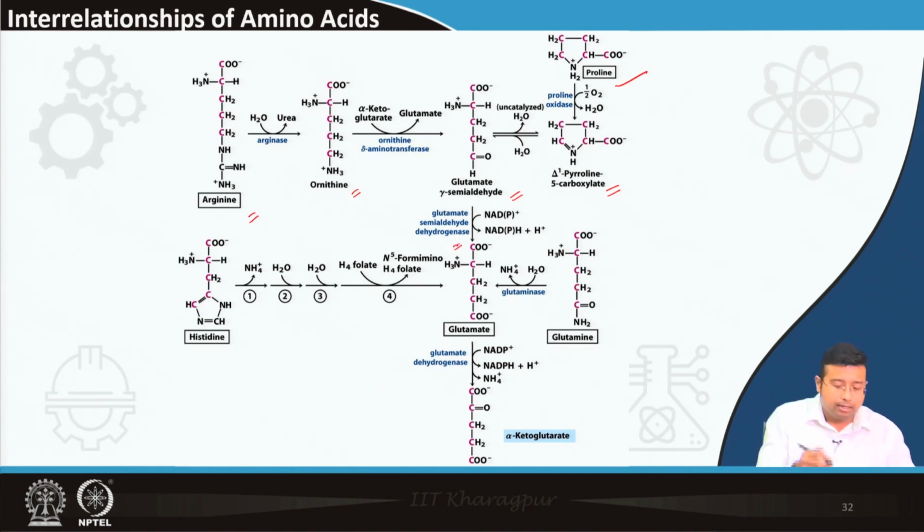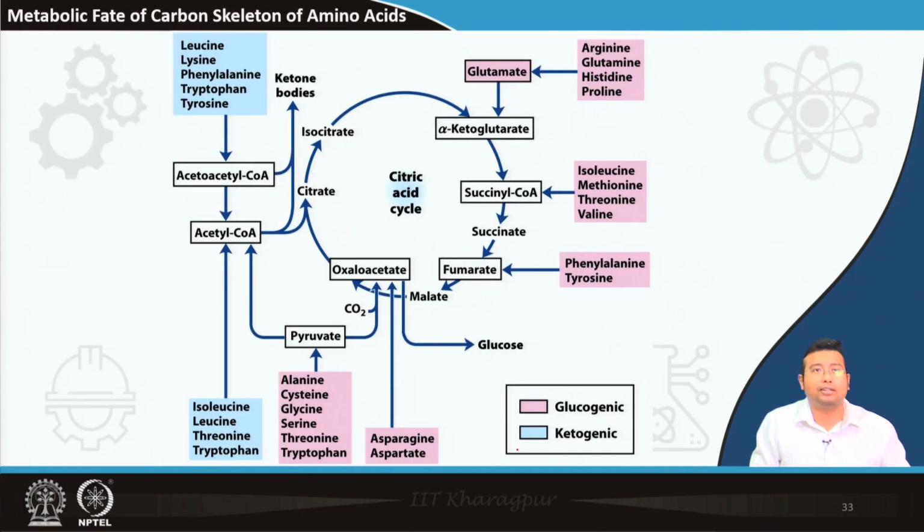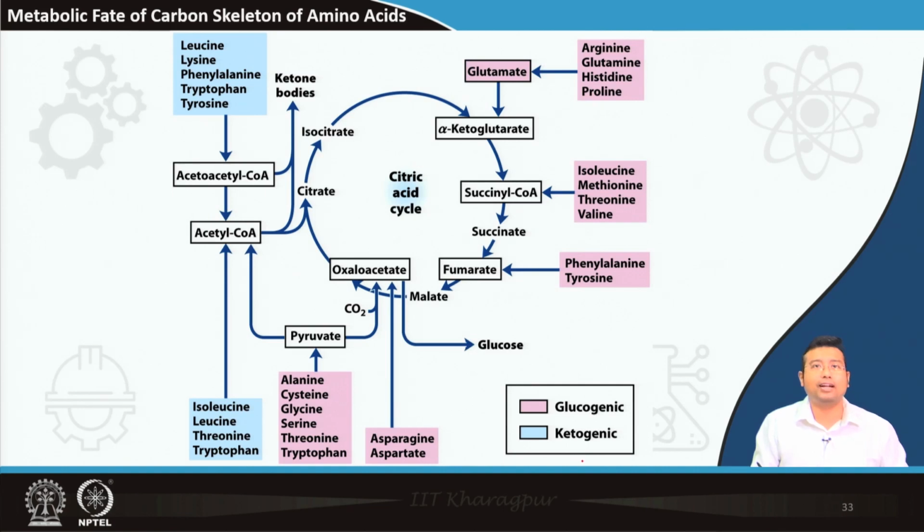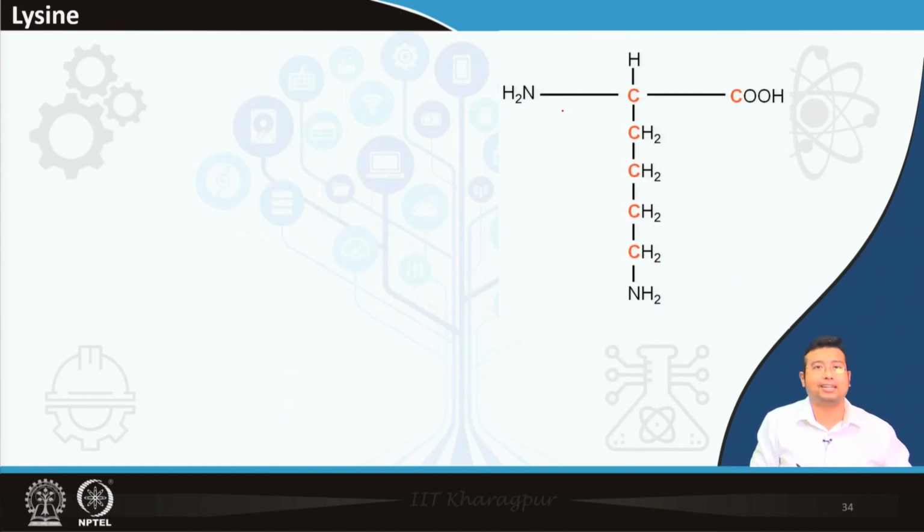We have also read that histidine, by multiple steps, is converted to glutamate. We know glutamine, as we read during ammonia metabolism, can be converted to glutamate and ultimately by the GDH reaction, glutamate dehydrogenase, it can form alpha ketoglutarate. So, you can see so many of these amino acids are forming alpha ketoglutarate, all via glutamate, okay.